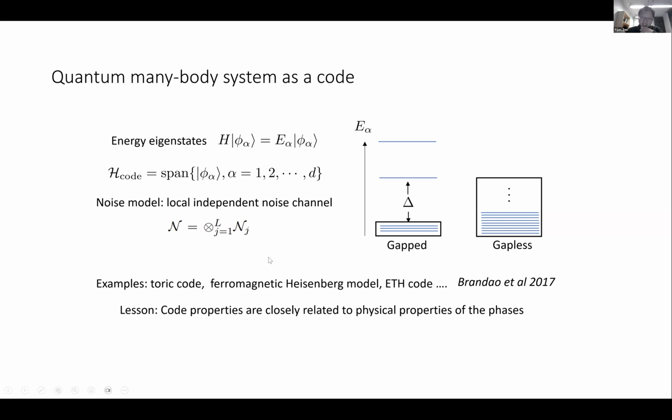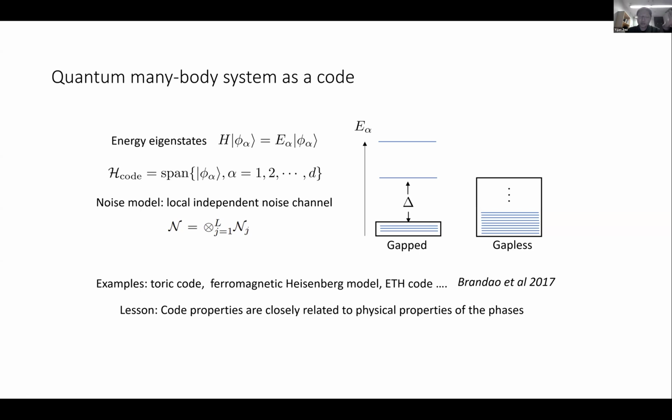In fact, you just need to look at the energy eigenstates. You first diagonalize the Hamiltonian and find whether it is gapped or gapless. These are just two classes that your Hamiltonian must fall into. In the gapped case, you would choose your code space, the logical subspace, to be the low energy part of the spectrum.